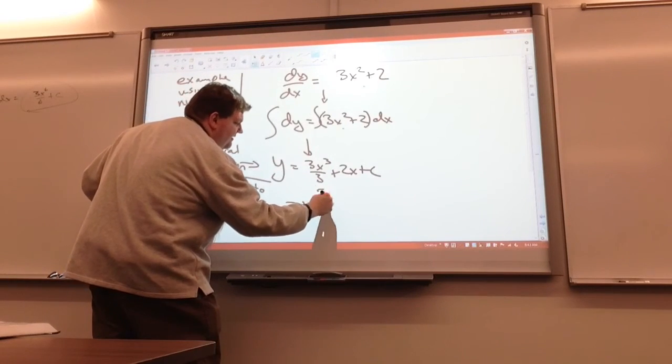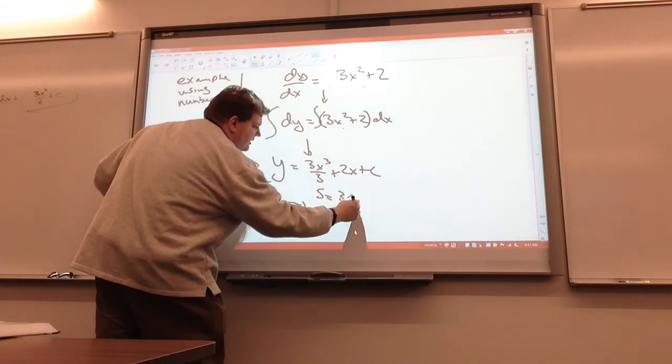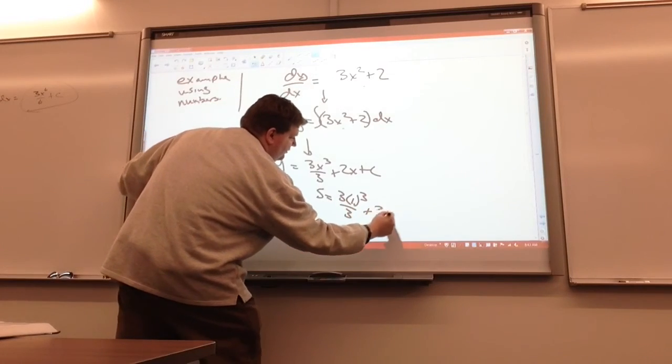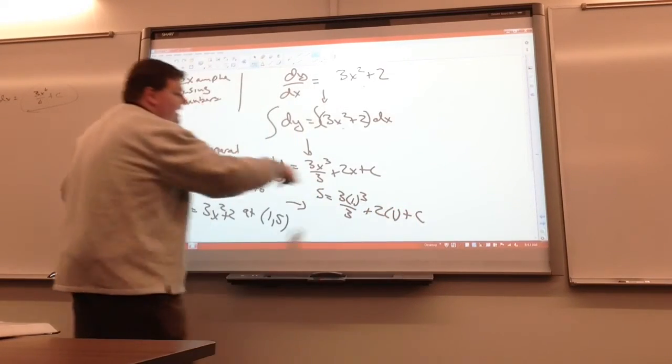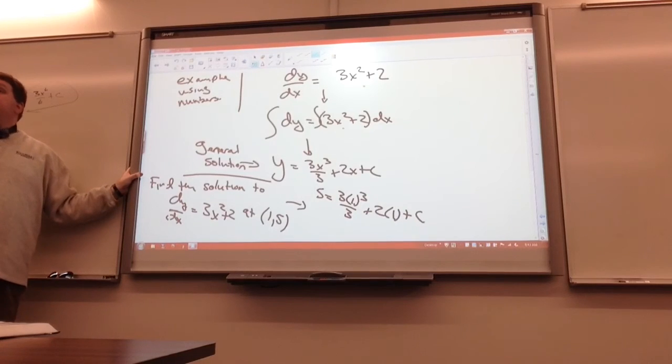So this would become 5 equals 3 times 1 cubed over 3 plus 2 times 1 plus c. And what am I solving there for? C. And then I would get whatever c is and pop that back into the original equation.